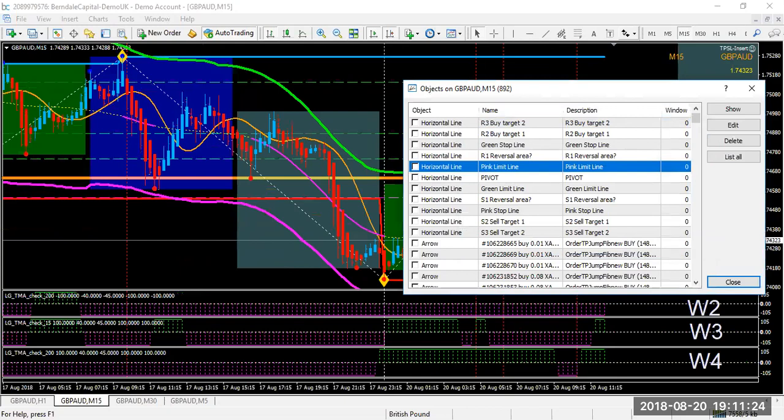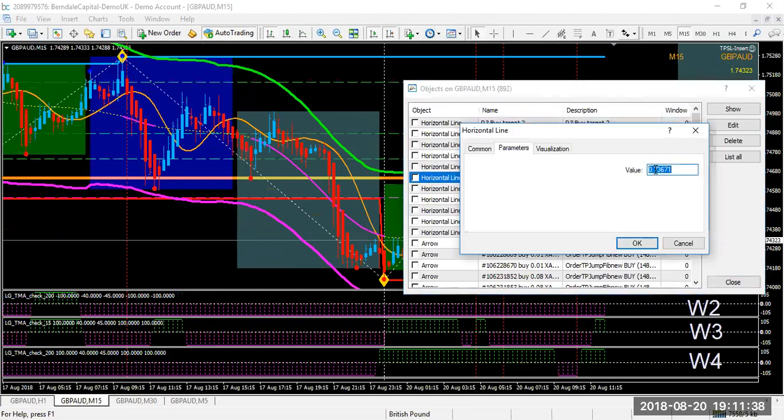Now the other thing, obviously, well, maybe not so obvious, even before we've got that, we need to know what sort of risk reward we want to do, how much we're going to risk at any one trade. Whether it's 1% of our capital, 2%, 3%.